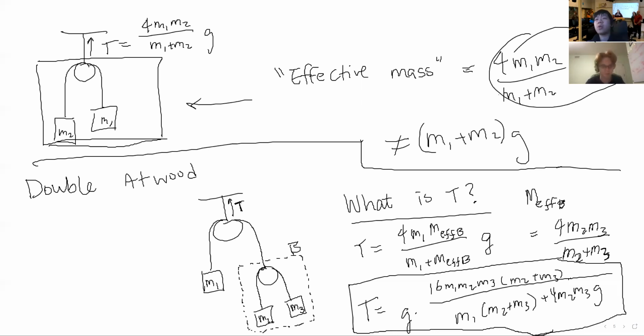All right. So let's continue on with this. So now that we have derived what happens in a double Atwood machine with 3 general masses, I want to look at a specific case of it, where all the masses are the same, right?